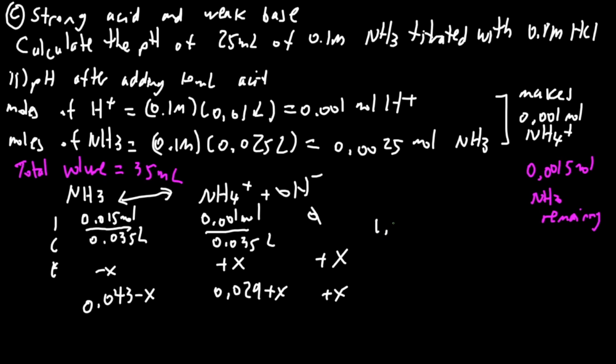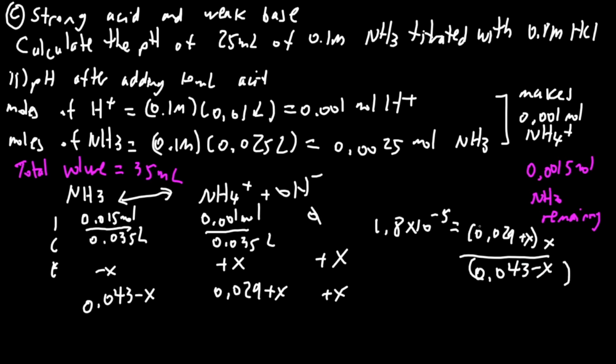By doing so, you're going to get 1.8 times 10 to the negative 5 equals 0.029 plus x times x over 0.043 minus x. You can ignore the change, and this means you're going to get 1.8 times 10 to the negative 5 equals 0.029x on top, and 0.043 on the bottom.